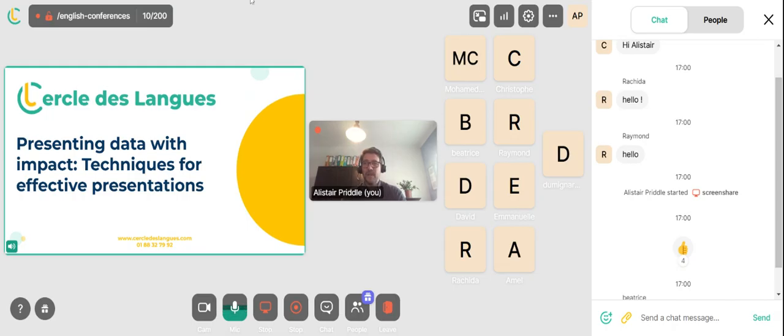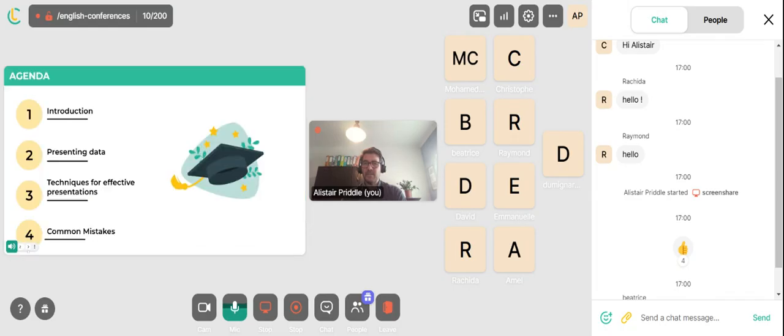Let's get started and have a look at our agenda. 4 parts to our agenda this evening: introduction, presenting data, techniques for effective presentations, and number 4, common mistakes. So a range of issues, vocabulary, and expressions to explore within our conference today.